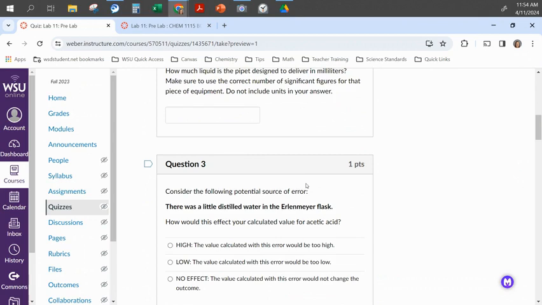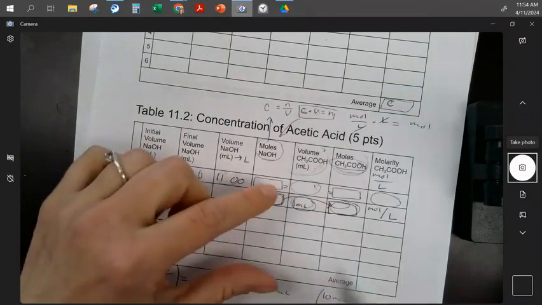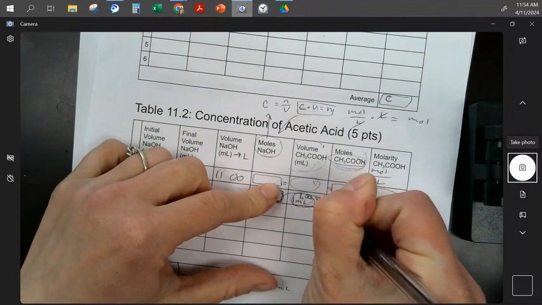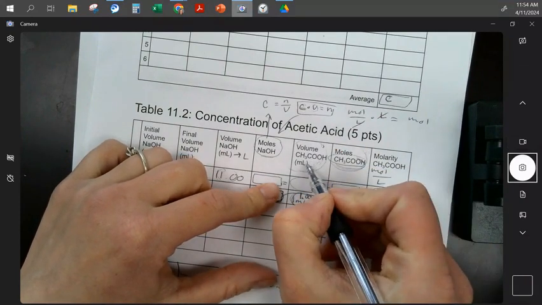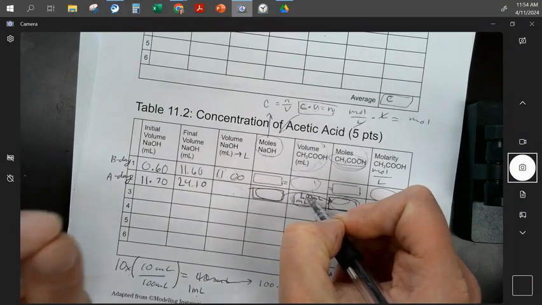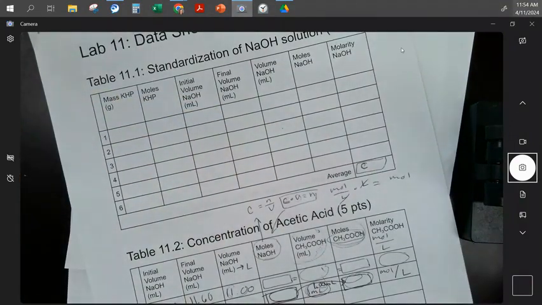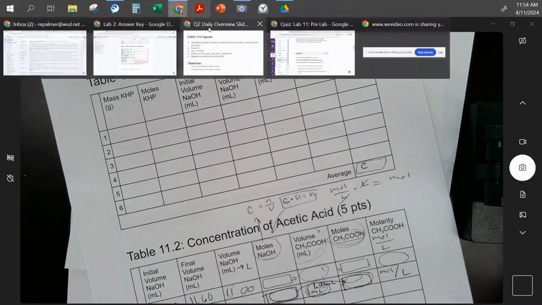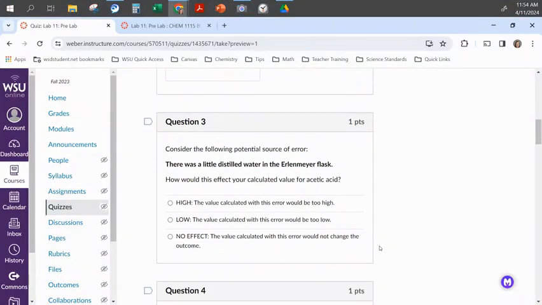So you need to make sure for all of your answers you do that. Even this one, I didn't do that. Let me show you. This one, I used 1.00 milliliters of the vinegar. Even on this one, because I used the pipette to move that. So make sure you're giving me the right number of sig figs. If you have questions on that, let me know. We can go over it.